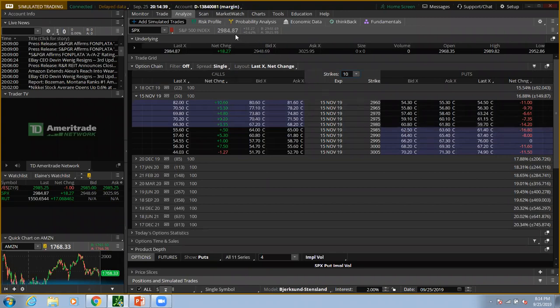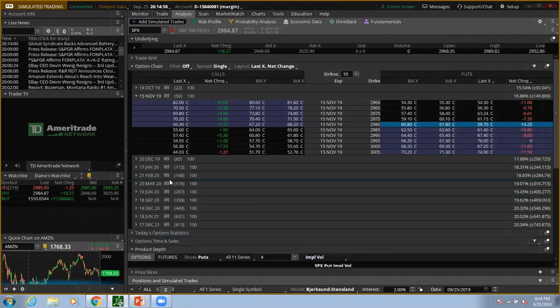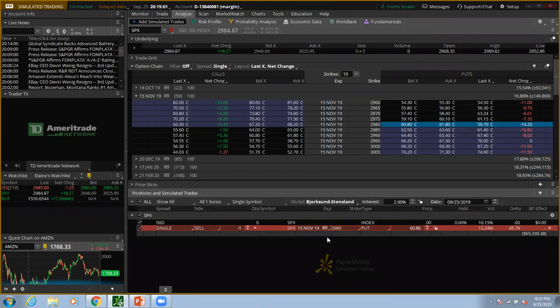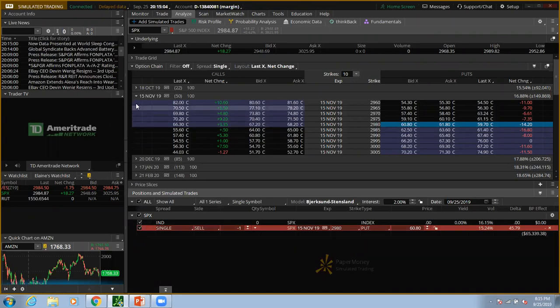SPX closed at 29.84. Let's just assume the market's still open. I'm going to click right there on the 29.80 bid, and it puts up, down below here, sell the 29.80 put for November.